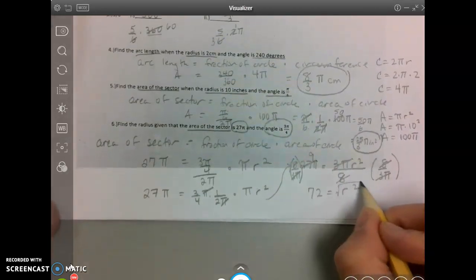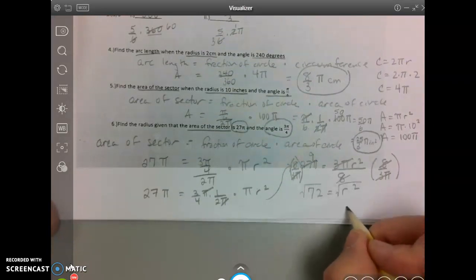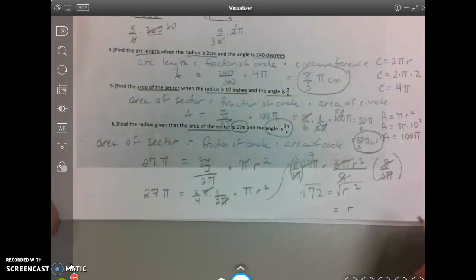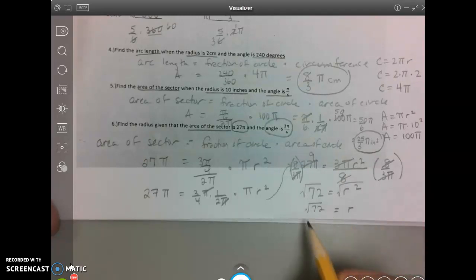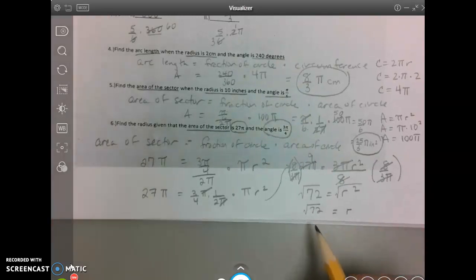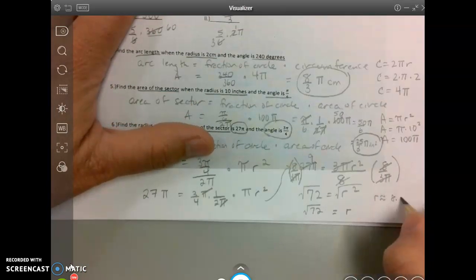Take the square root. I do not need the negative root because it's a radius. So the radius is the square root of 72. If I was to simplify that, I could take the square root of 72 in my calculator, and I get the radius is approximately 8.485.